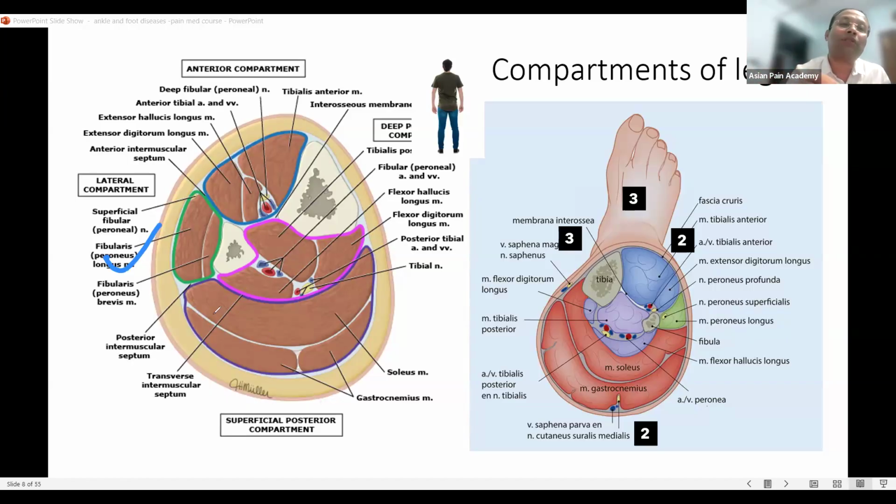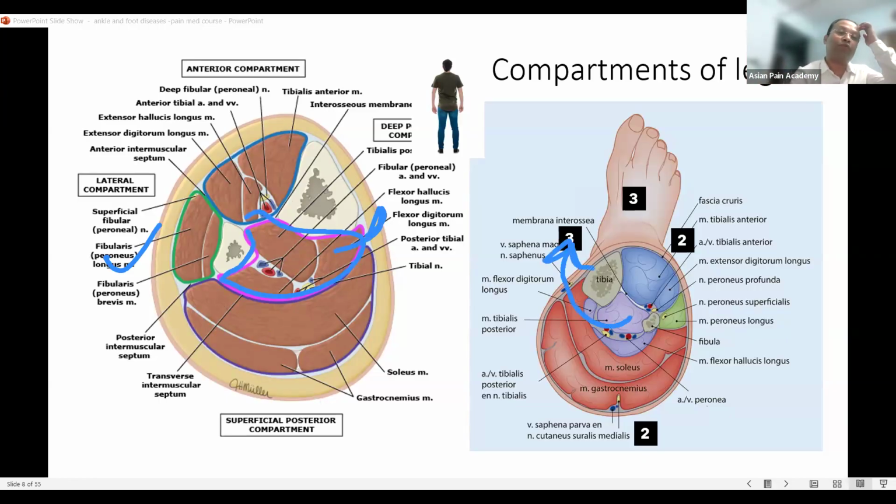Now comes the anterior compartment and the deep posterior compartment. The deep posterior compartment muscles form tendons on the medial side. When they cross the ankle, they do not remain on the posterior side. They become tendons and come to the medial side.